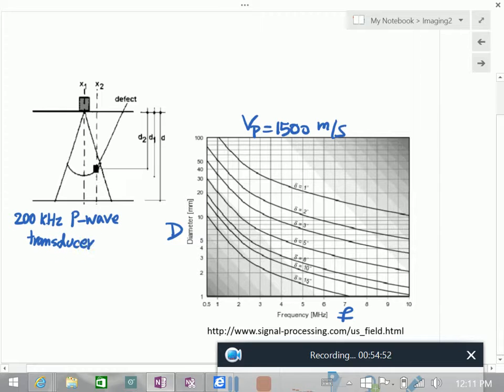We didn't have 200 in the lab, so let's just take 100 kilohertz, the P-wave transducer we have had in the lab. Diameter, I've taken it at 40 millimeter.